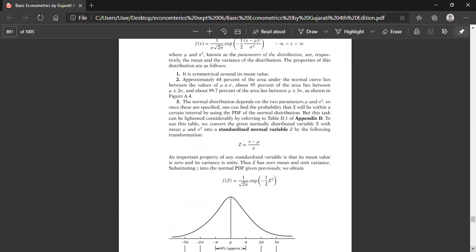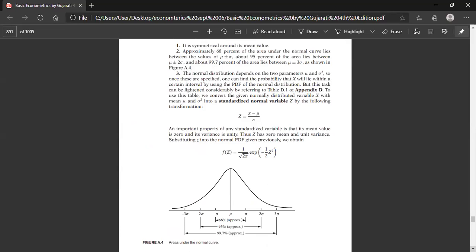So here is the bell-shaped distribution, and you can see that this is the mean value. So what are you measuring on the horizontal axis? What are you measuring? What are you measuring on the horizontal? Is this line the standard deviation?